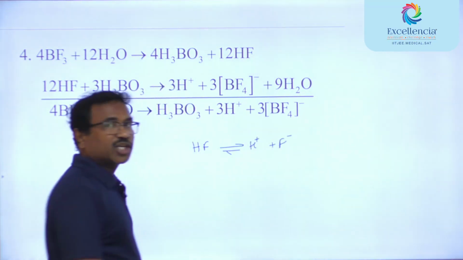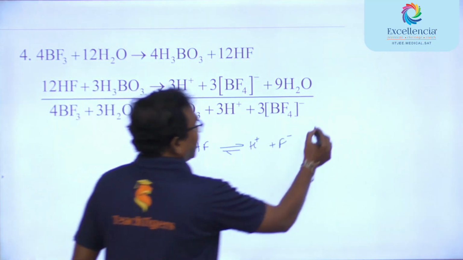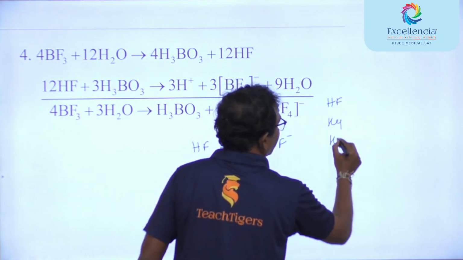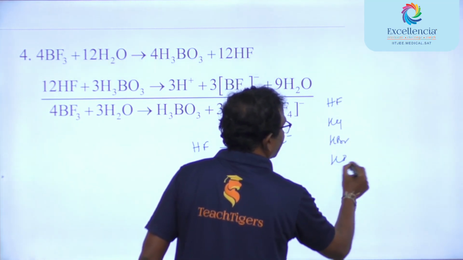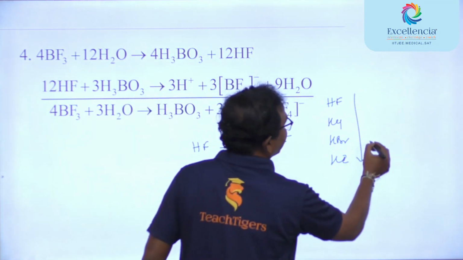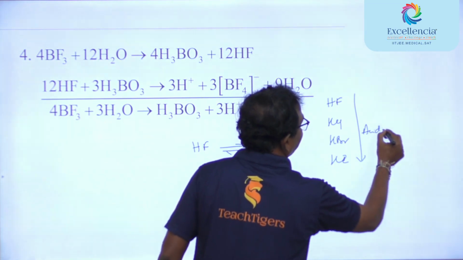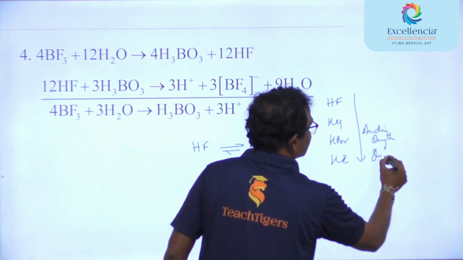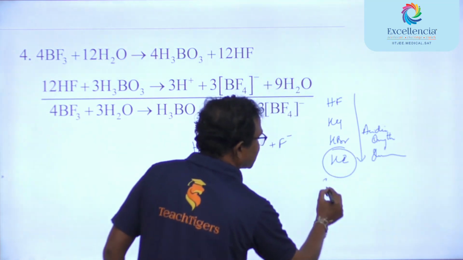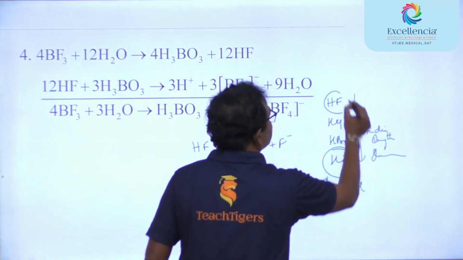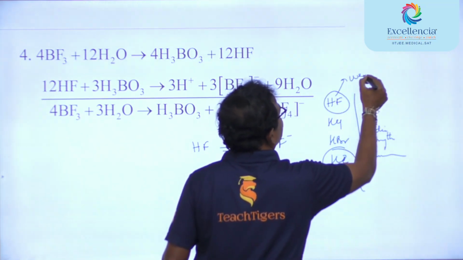If you remember the hydrogen halides, HF, HCl, HBr and HI, try to recollect: acidic strength is increasing. Increasing means HI is a strong acid and HF is a weak acid.